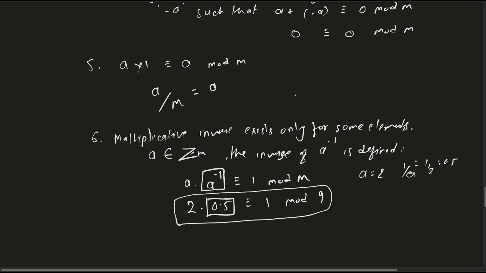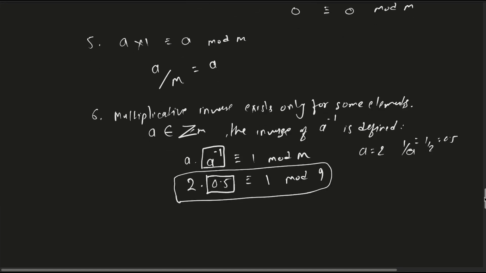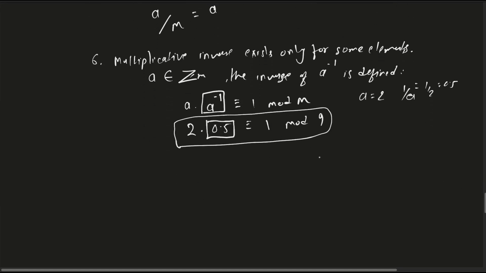So let me write the ring that we had. The ring of 9 is going to be 0, 1, 2, 3, all the way to 8. Now we don't have a decimal number here, so this does not belong to the ring.